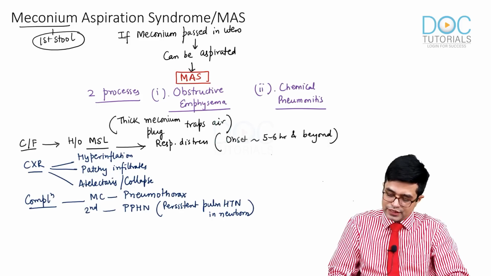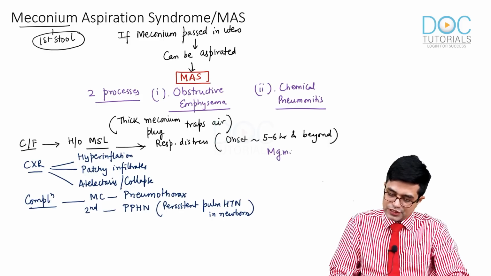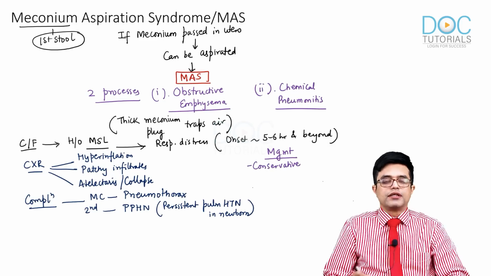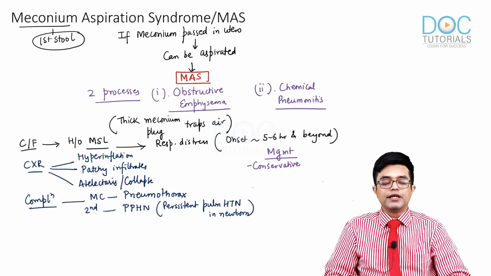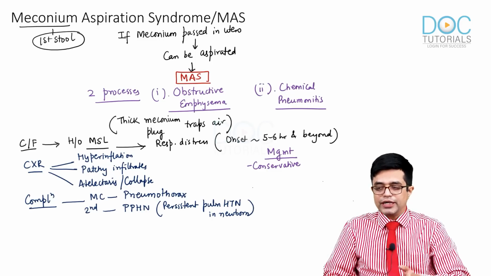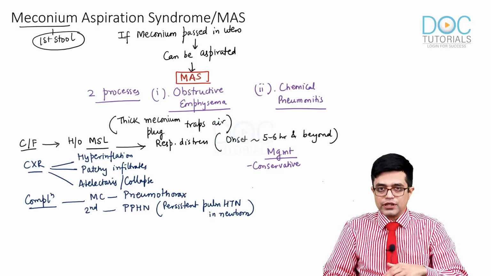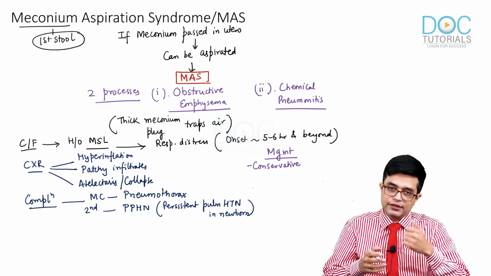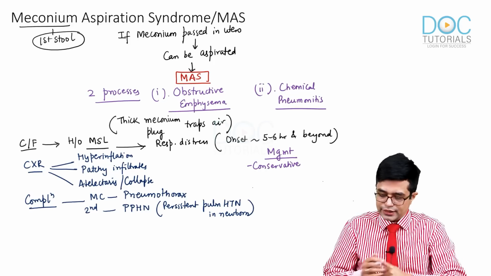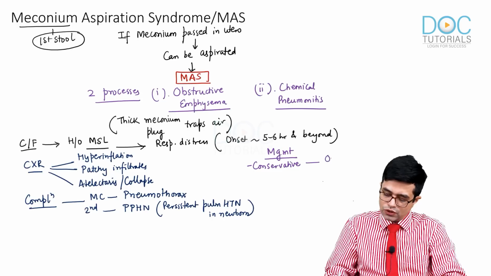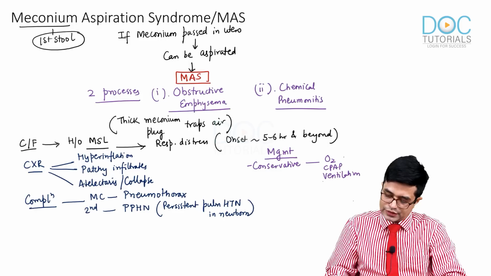What is the management of meconium aspiration syndrome? It is conservative in most patients. Studies have shown that there is no role for prophylactic IV antibiotics, but if you suspect secondary infection and there is evidence of that, then only you will start IV antibiotics. So conservative management will include oxygen, CPAP and ventilation if needed, along with IV fluids.